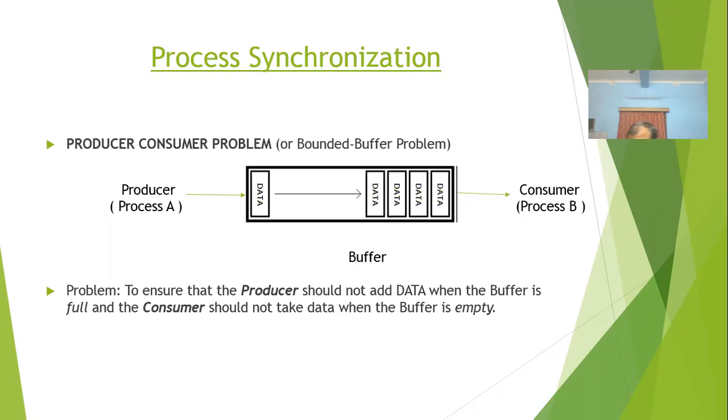Now, regarding the producer-consumer problem, a particular process produces information that is consumed by the consumer process. For example, a print program may produce some characters that are consumed by the printer driver, and, from the consumer's point of view, a compiler may produce some assembly code which is consumed by an assembler. So in this way, the producer and consumer are two separate entities.